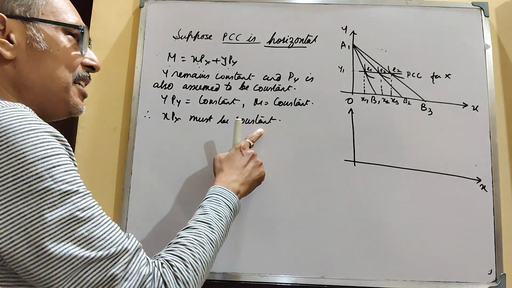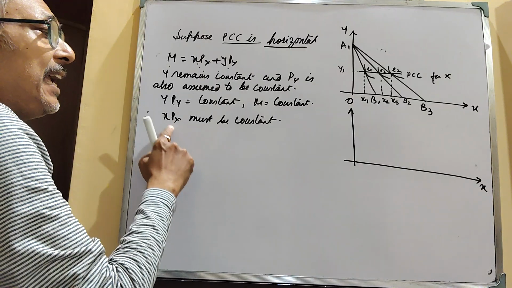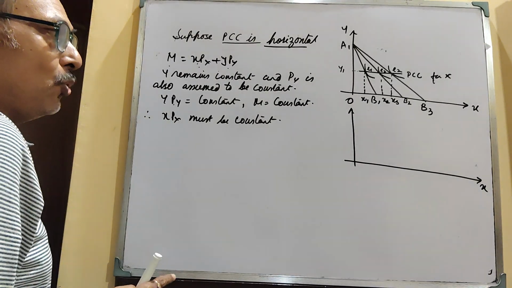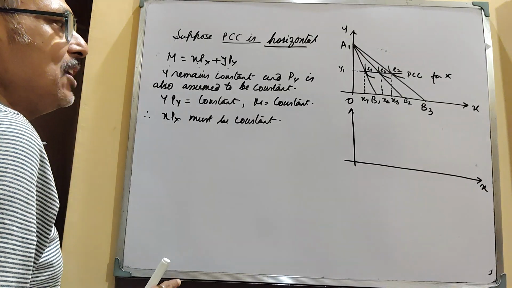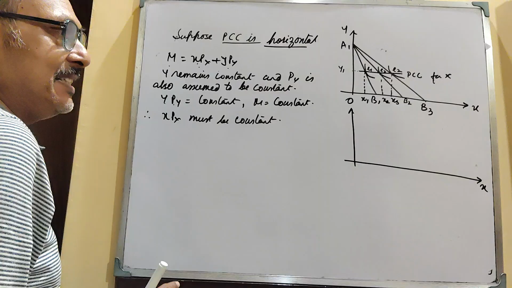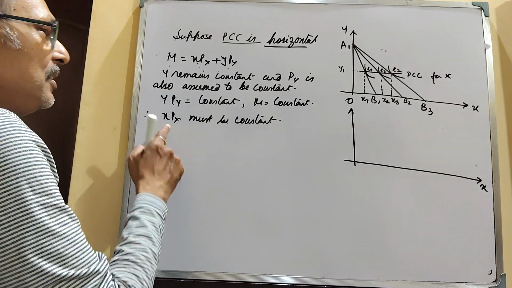XPX must be constant means what? The expenditure on X is constant. When we know the expenditure on a commodity is constant, then the own price elasticity is unity.